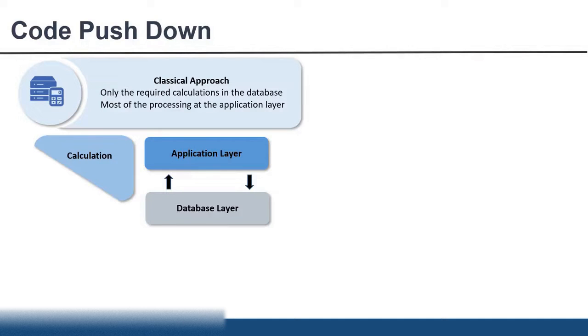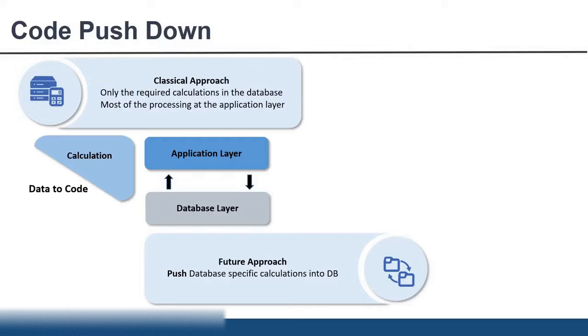So the database related calculations or aggregations are mostly handled in application layer in internal table because we are not supposed to give more load on underlying database. This concept is called as data to code. Then what happens with HANA? When you use HANA, you are supposed to push these database related calculations in underlying database.